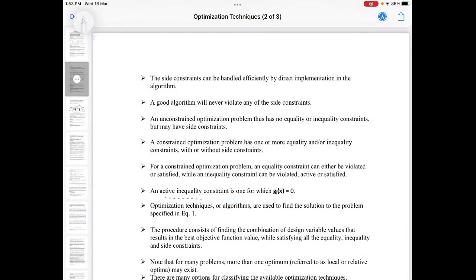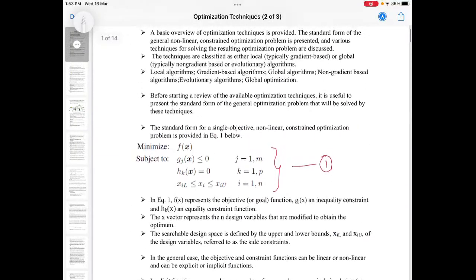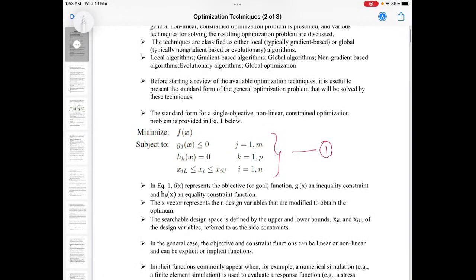Here Gj of x is an inequality constraint, whereas hk of x is an equality constraint function.